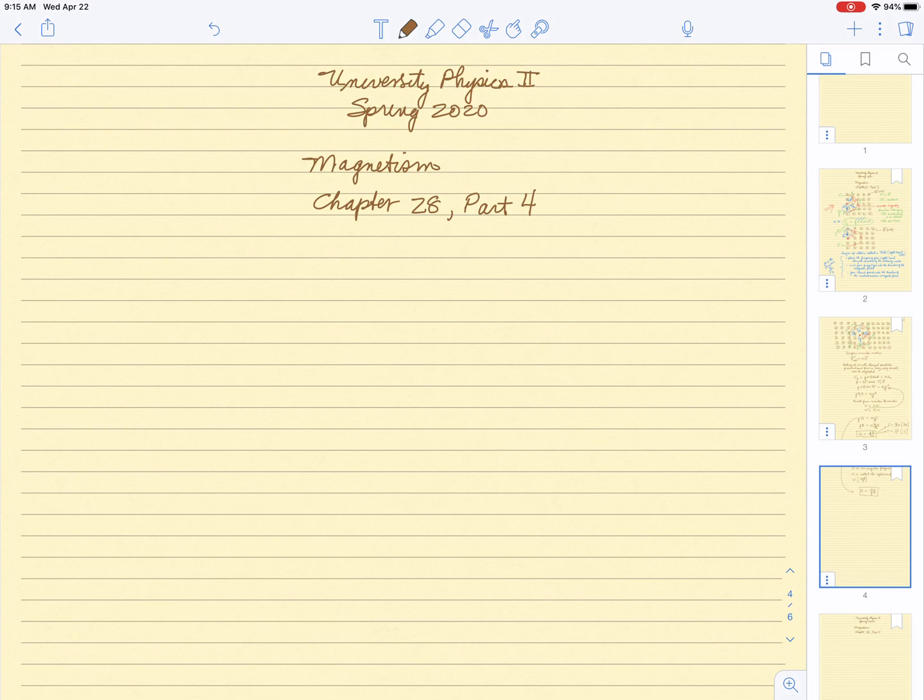Alrighty, in this section, we're actually going to look at the effect of both electric fields and magnetic fields on charged particles.